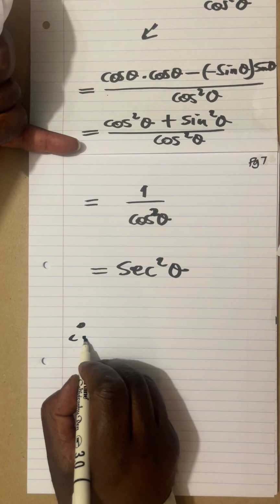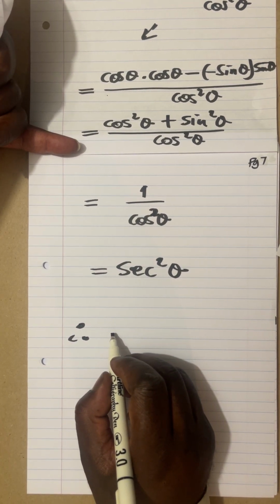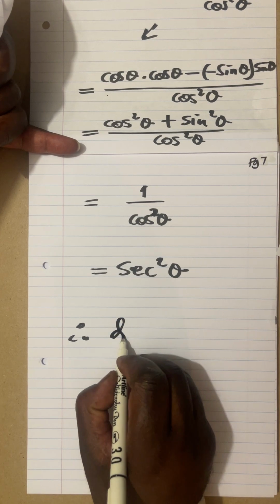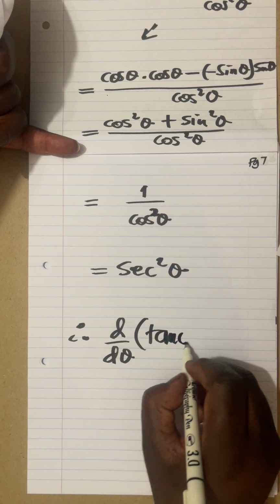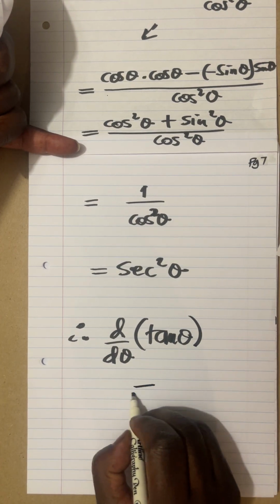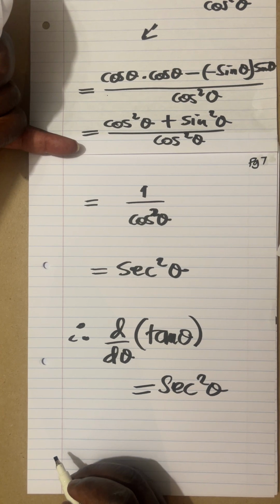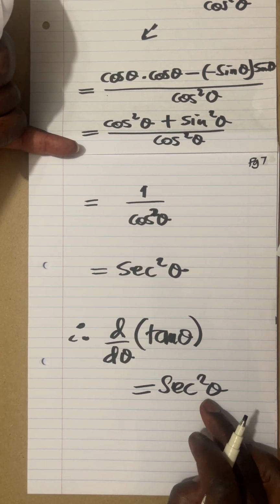So we now have established that the derivative of tangent with respect to theta is actually equal to sec squared theta. Don't forget this.